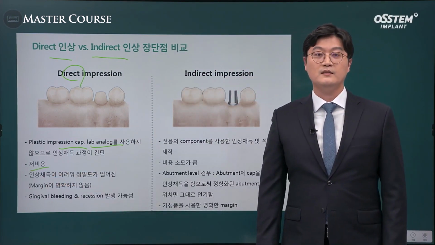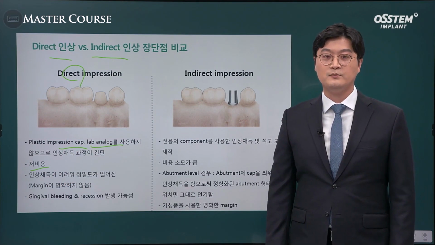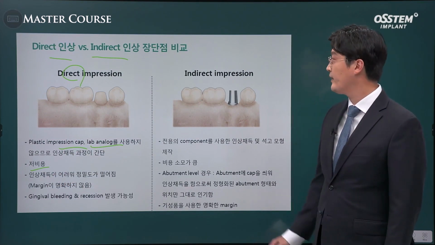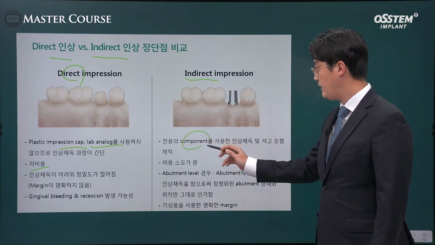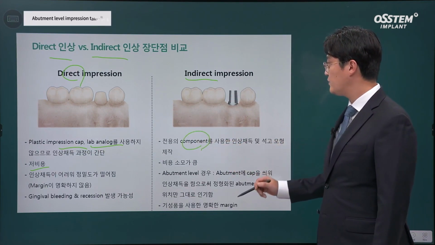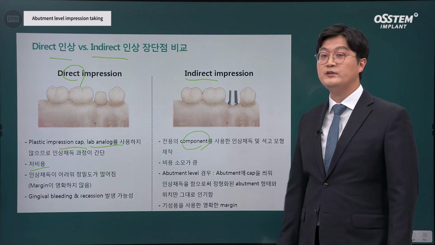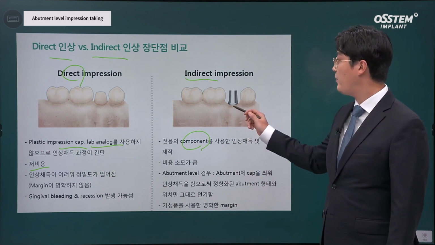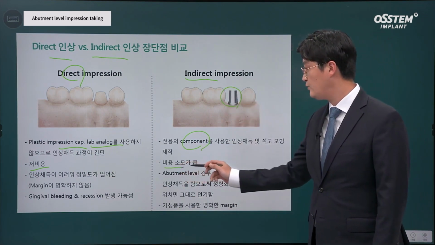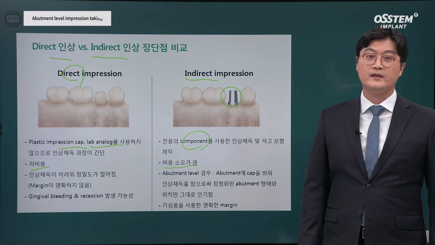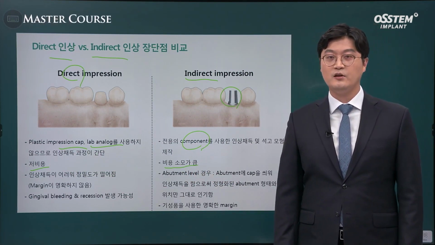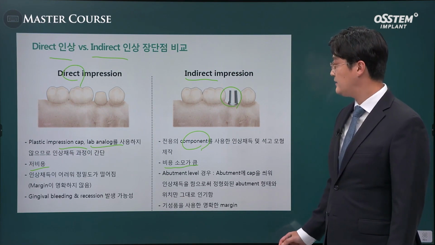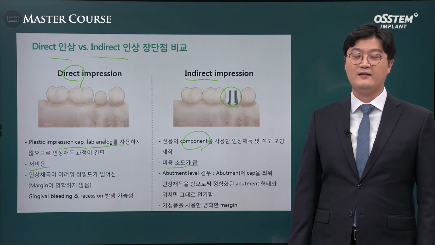However, margin capturing is challenging, leading to lower accuracy in the prosthesis. In indirect impression taking, dedicated components need to be used, so the gypsum model is more accurate. However, because of the components, the cost increases. If a stock abutment is reduced, the indirect approach cannot be used. That is a downside.